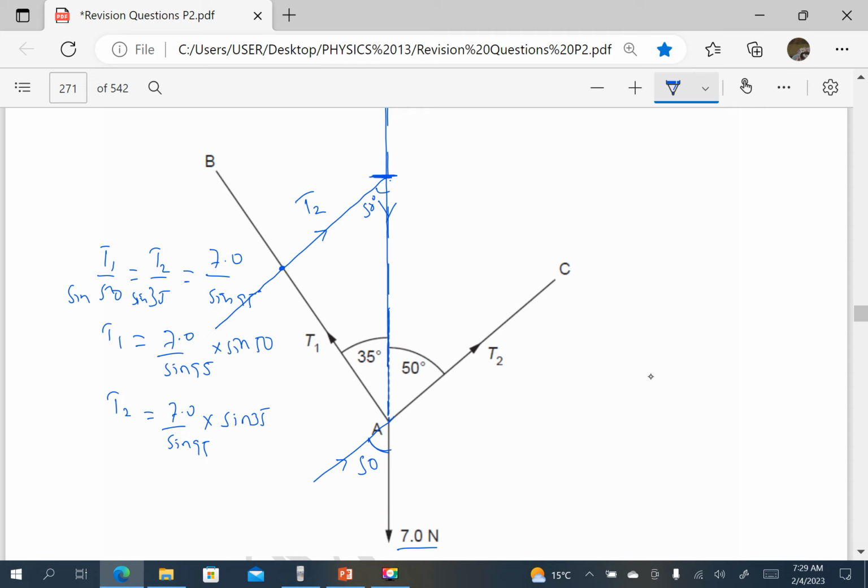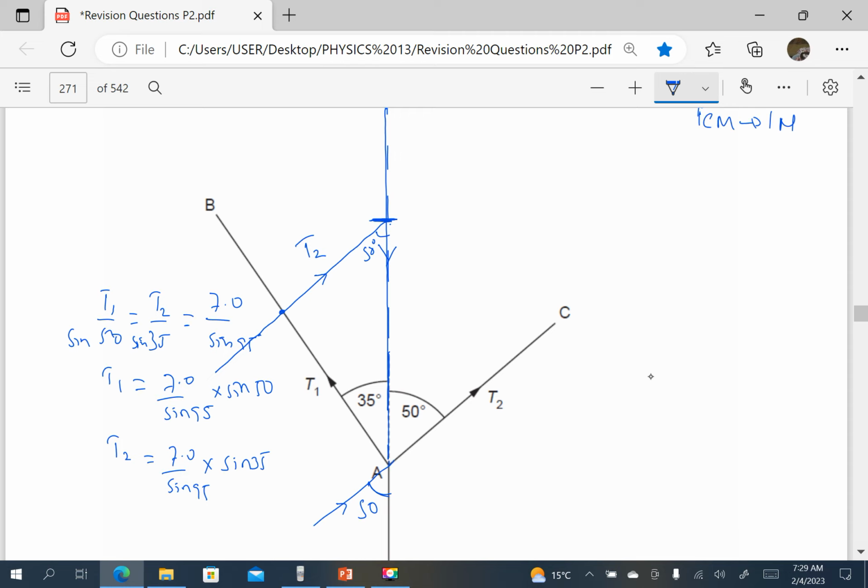So what is T1? To measure off T1, I know the scale 1 centimeter represents 1 Newton according to what I've used. So I'll just measure the length of T1 as part of that triangle, from A to that point where T1 stops, and it is exactly 5.4.